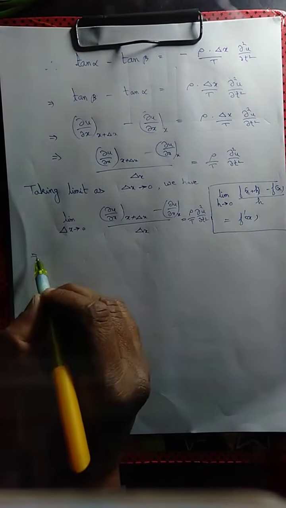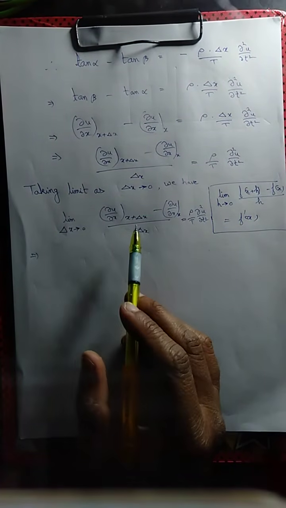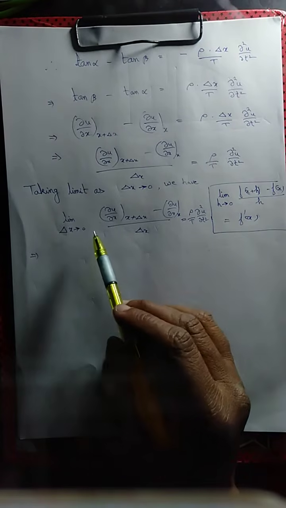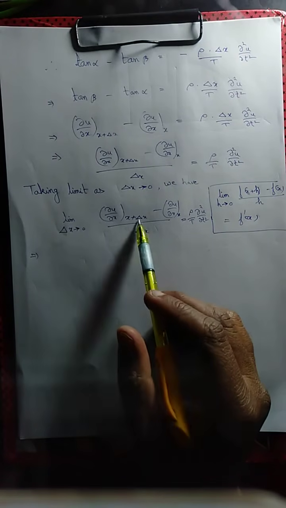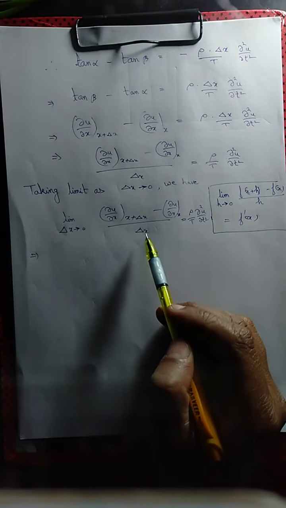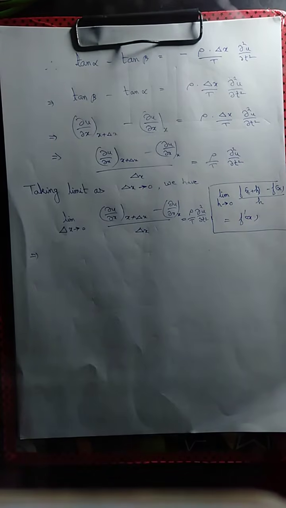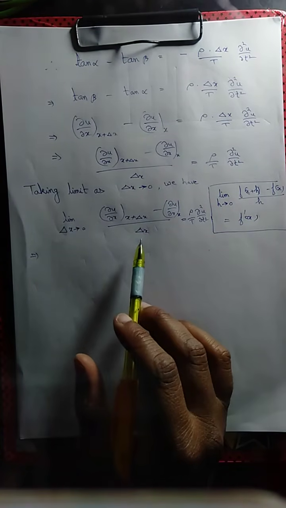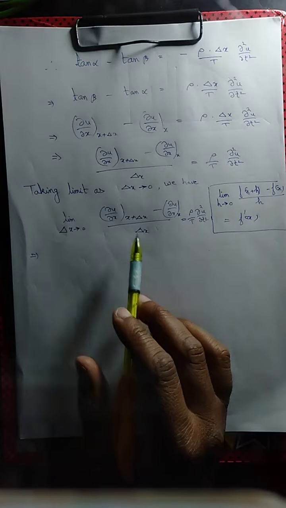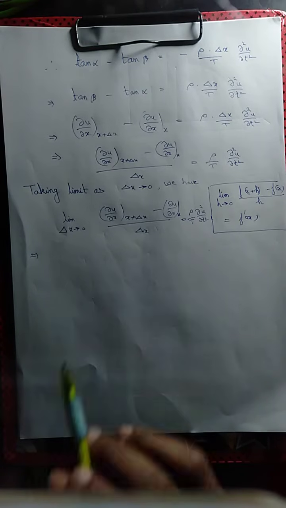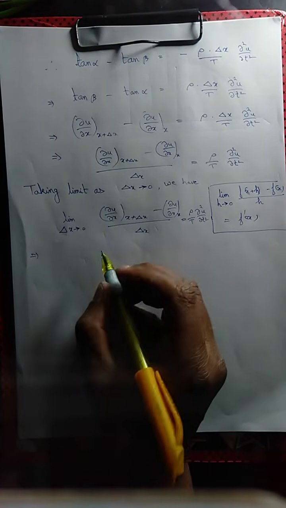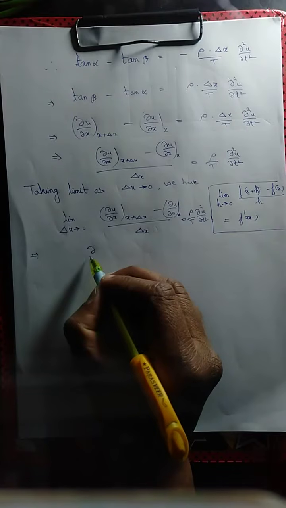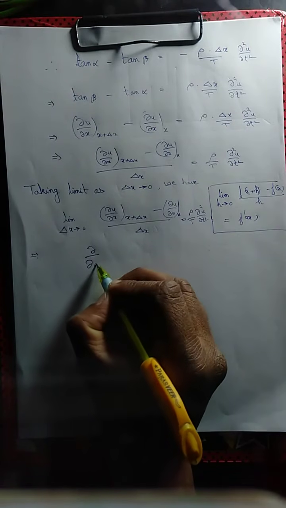Now you are taking the limit of f of x plus h minus f of x by h. That is the differentiation of f, but not with respect to t, only with respect to x, and so we are bound to use the partial derivative once again.